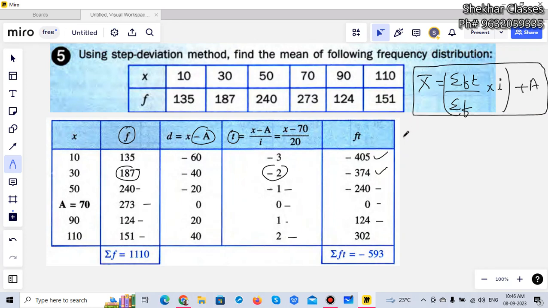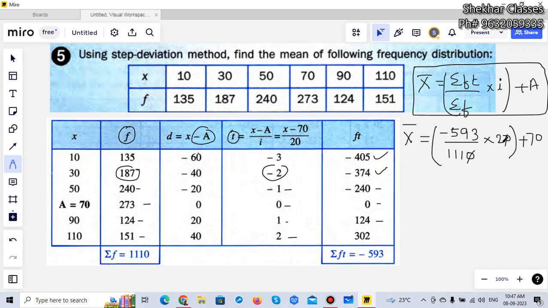Put in the formula. So the mean here will be equal to sigma of f t, which is minus 593, upon 1110, into I, which is 20. And whatever comes, I have to add back 70 to it. Got it? Solve it. We'll see what comes up here. So 10 for sure will get cancelled.